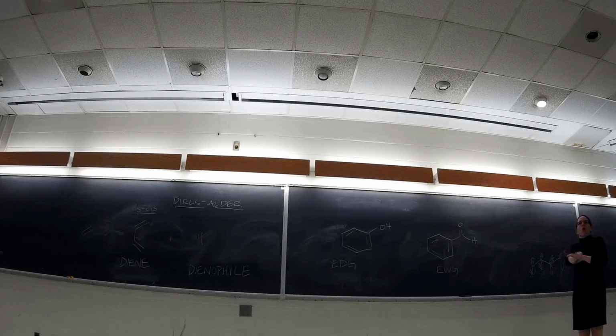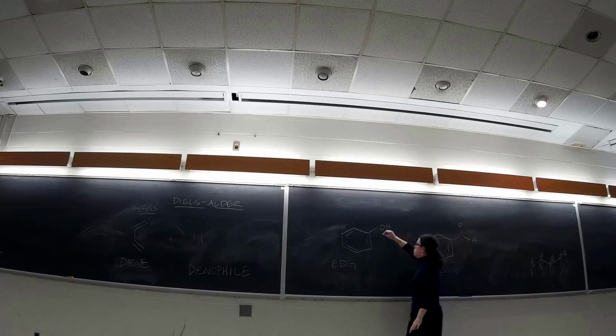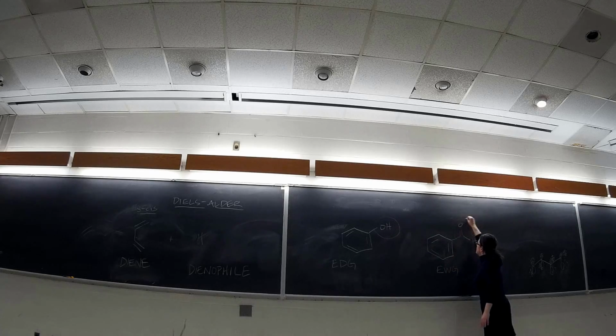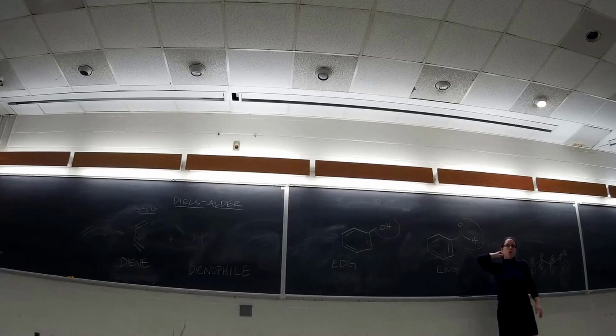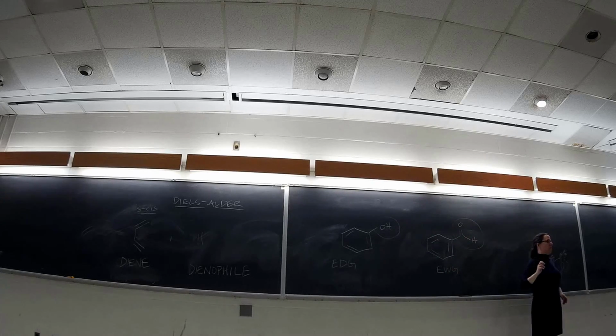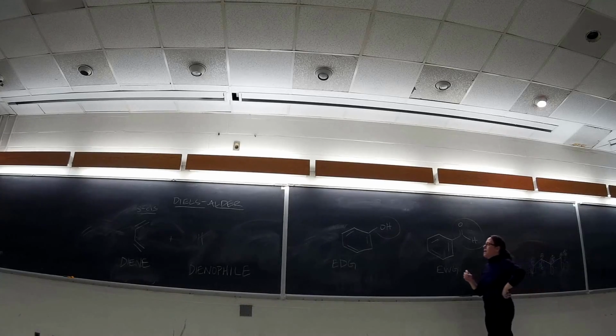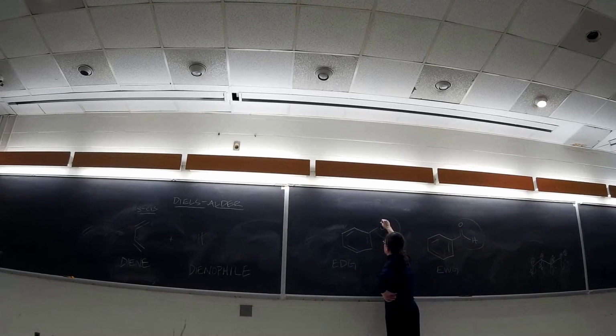Now what makes this OH, because the OH is specifically what I'm calling a donating group, okay? And what makes this carbonyl, this aldehyde, a withdrawing group is as follows. Most generically, a donating group will be an attached atom that has electron pairs.